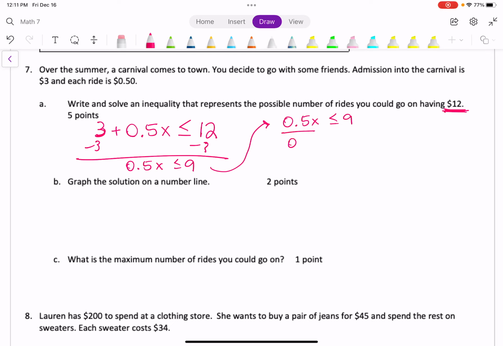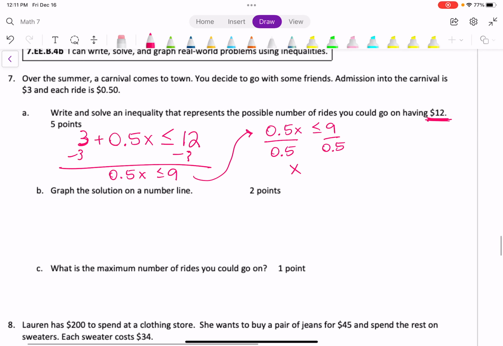So when I'm dividing by 0.5, think about how many. I have $9 and each ride is 50 cents. I can go on 18 rides or less.